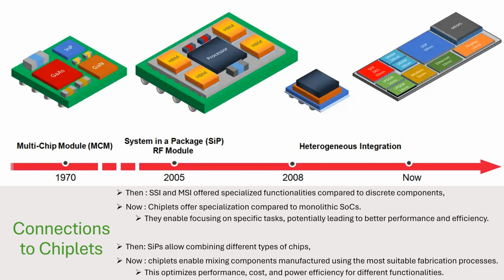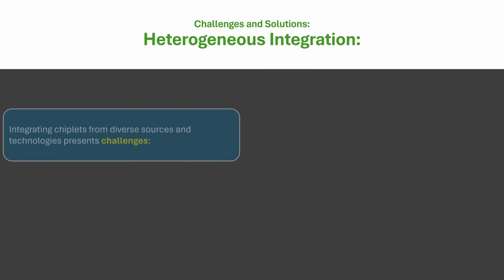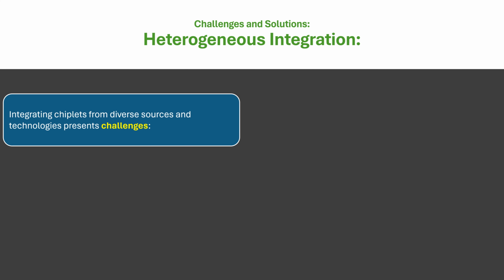This optimizes performance, cost, power, and efficiency for different functionalities. So now we understood chiplets can be manufactured in different technology nodes, and these chiplets can be from different foundries, different vendors.